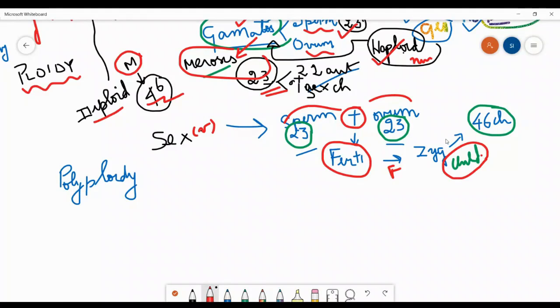Human in the zygote form, a single cell formed by a sperm and ovum coming together containing haploid number, producing a cell with diploid number. So the child has diploid number, half from the father and half from the mother.